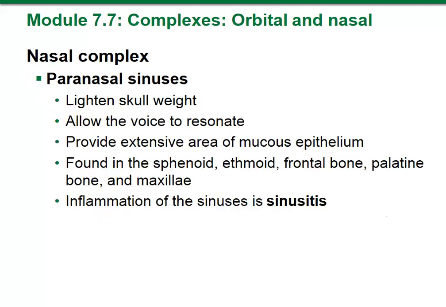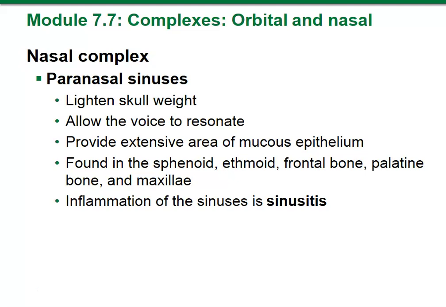Okay, also the paranasal sinuses. One of the reasons for having sinuses at all is that it helps lighten the skull weight, but they also have something to do with the movement of air, equilibrium with pressures. In this case, the paranasal sinuses allow the voice to resonate. They provide a lot of air from mucus epithelium, which is important.